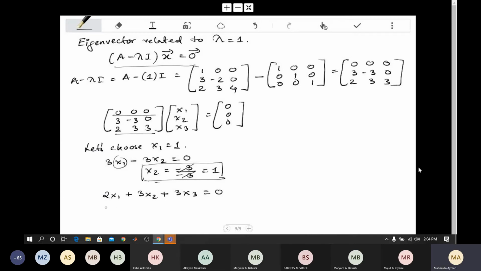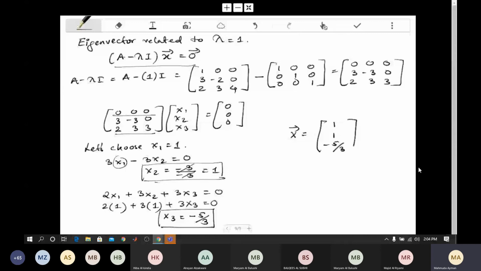So now if we replace the values, for x1 we have 1, for x2 we just got 1 again, and x3 is what we're finding now. So you will get x3 is equal to minus 5 over 3. Okay, so the eigenvector here is 1, 1, minus 5 over 3.